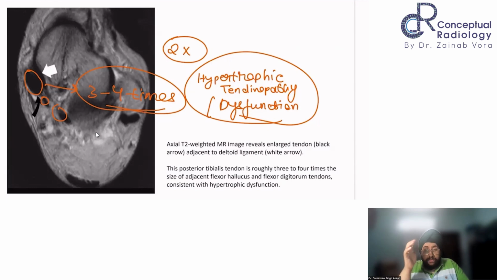Mucoid degeneration is also usually reserved for the Achilles tendon only. The term is not used in relation with the tibialis posterior tendon, so there is no confusion with respect to your tibialis posterior tendon. With respect to the Achilles tendon, prefer giving mucoid degeneration whenever there's a classical multifocal speckled appearance. Otherwise, you can give both the possibilities.